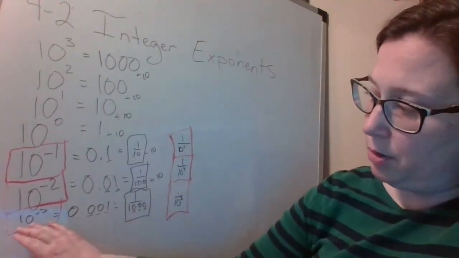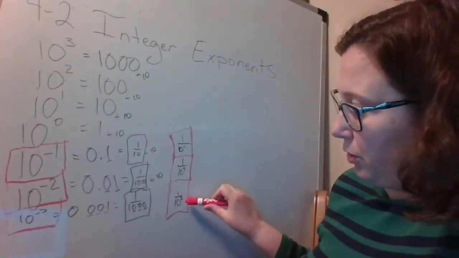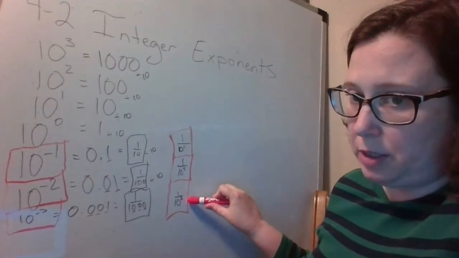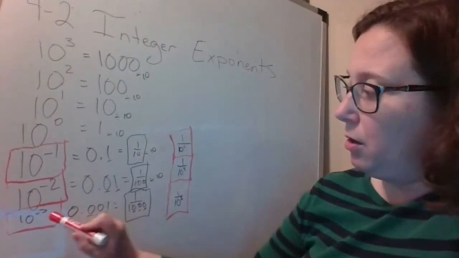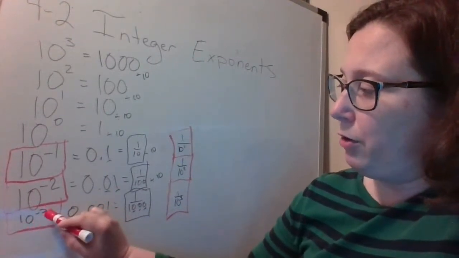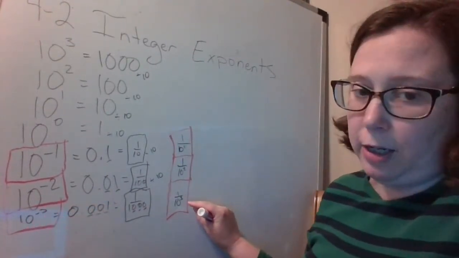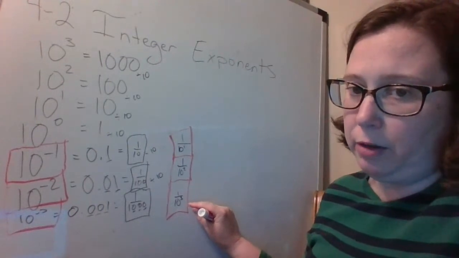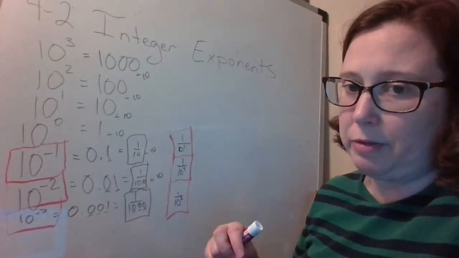So do you see what's here is in your denominator minus the negative sign, sorry. So if we have 10 to the power of negative 3, we're going to put 10 to the power of 3 in our denominator. The only thing that's disappearing is that negative sign.